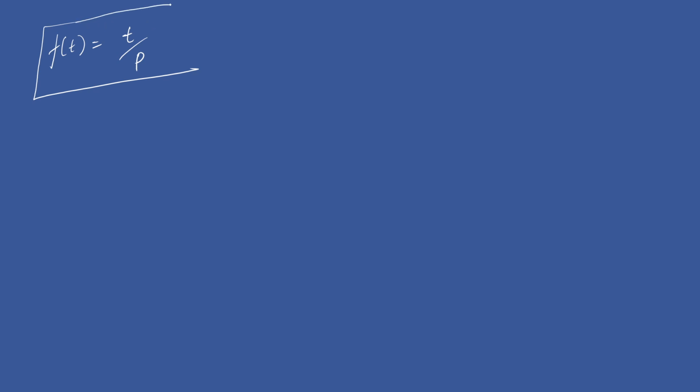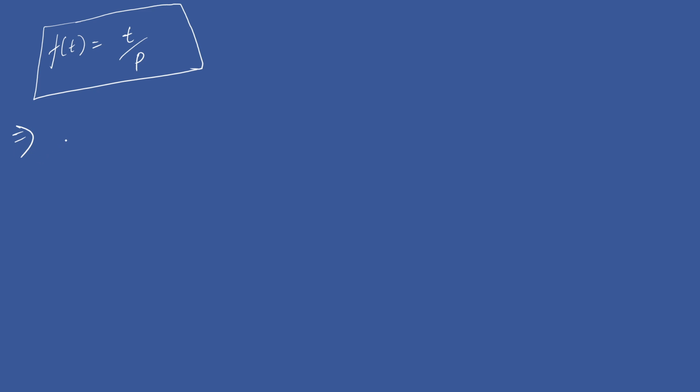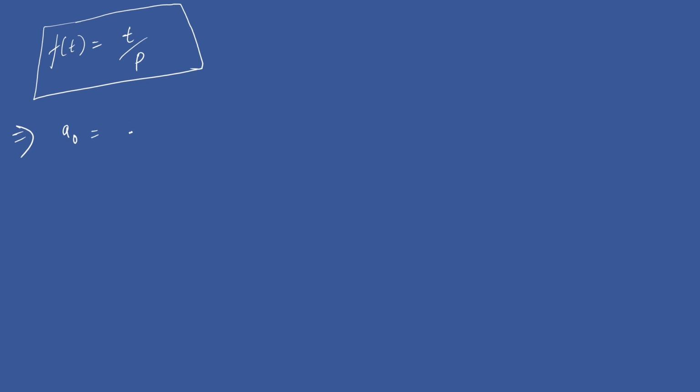In this case, your ft is given as t by p, and how to evaluate the coefficients for a particular order. So your a naught is 1 by p, integral 0 to p, t by p, dt.